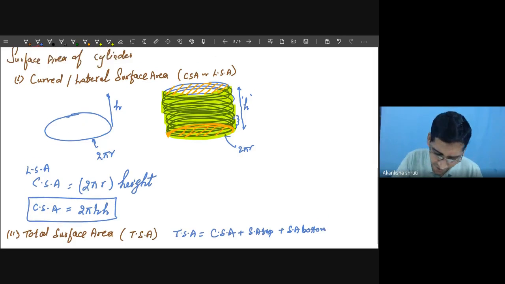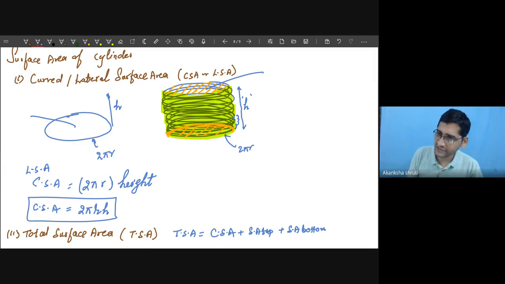Now observe carefully. What is the surface area of the top? Our top surface area will be the same as this area, pi r square. The bottom one is also a circular disc, so its surface area will also be pi r square.